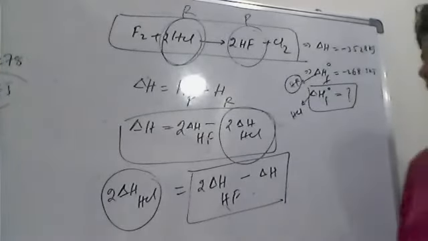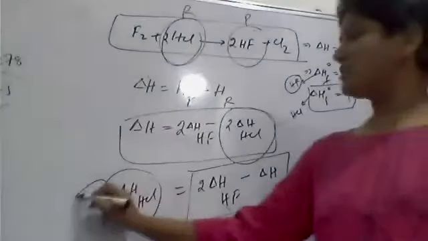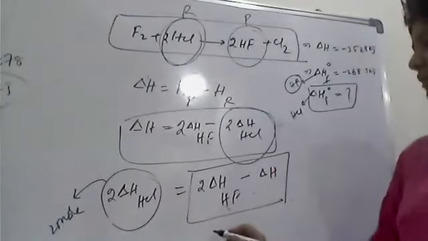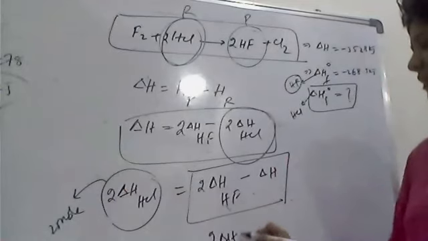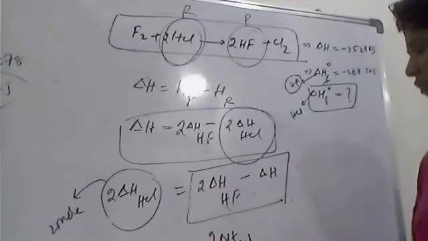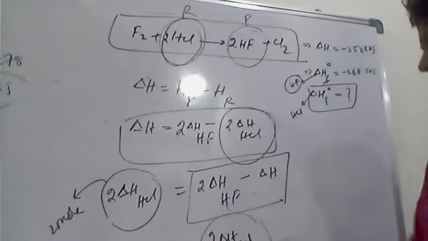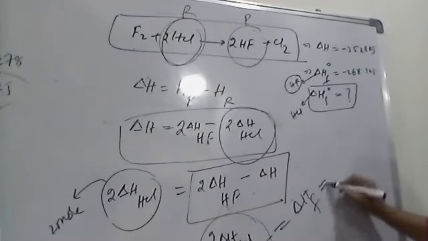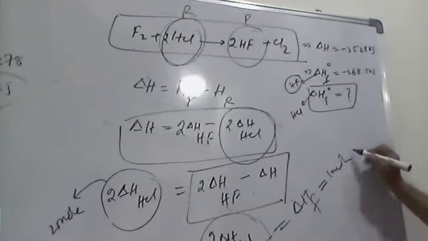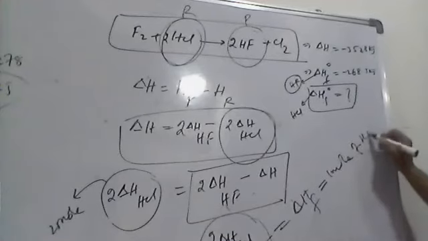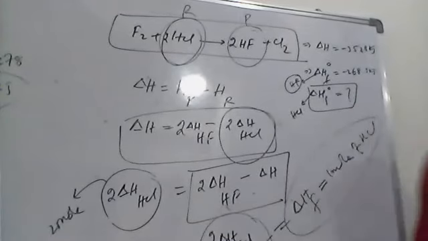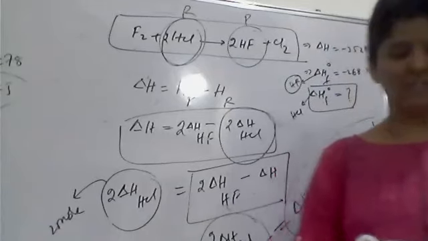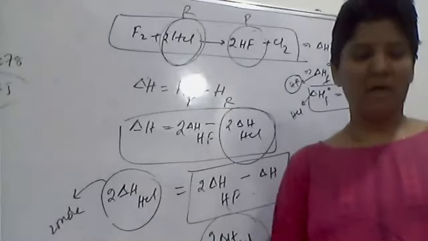Put in the values and you get the value for 2 moles. Then divide by 2 to get the heat of formation of 1 mole of HCl. In this way you can do the calculation. Check this calculation and I will send you some more. Yes, the answer is 91.9.